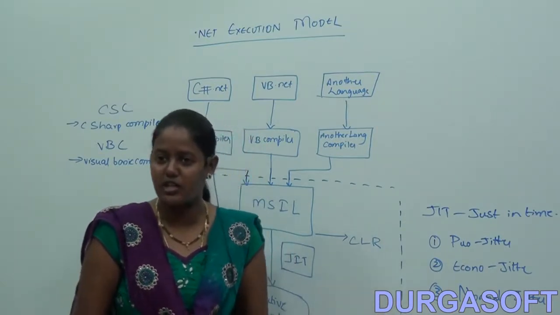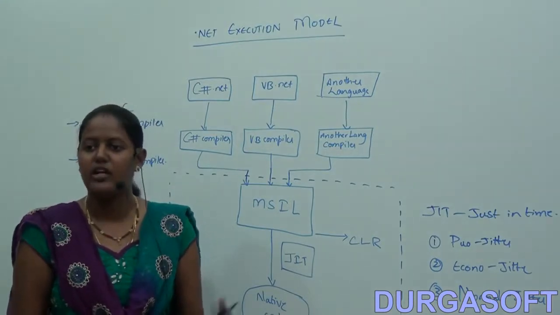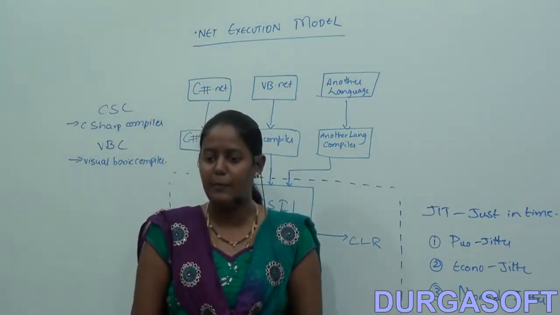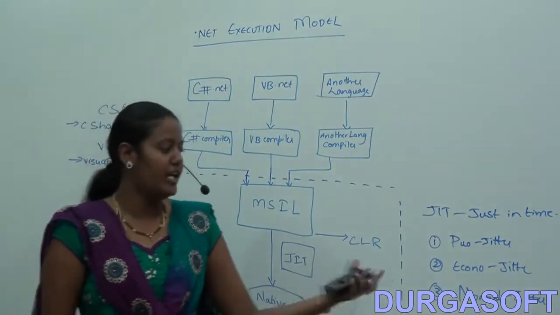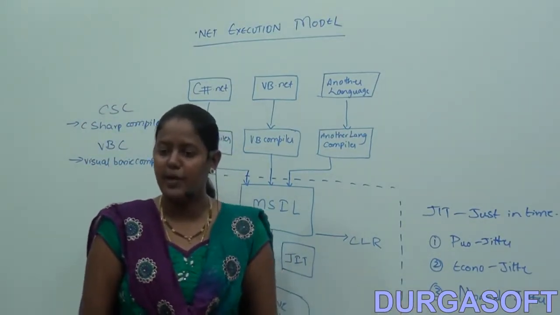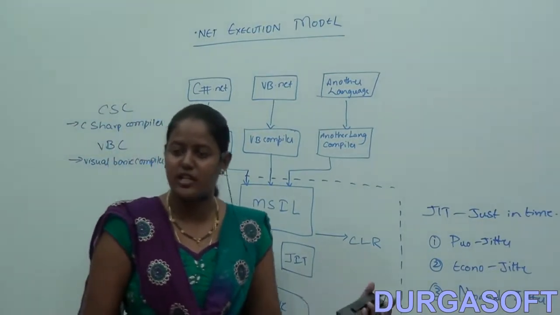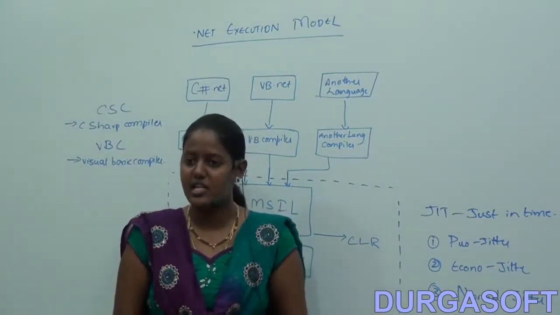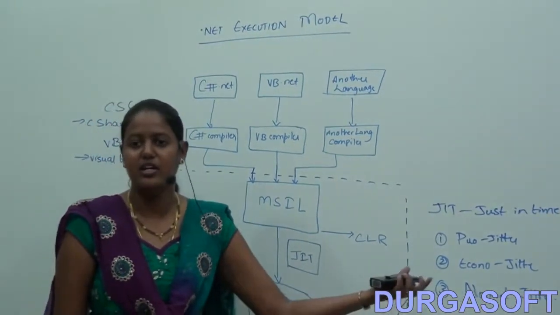The pro jitter compiles the total code into the native code. The econo jitter compiles only the methods called at runtime, and the normal jitter compiles the methods called at runtime and stores them in the cache. The next time the same method is called, it will be taken from the cache.